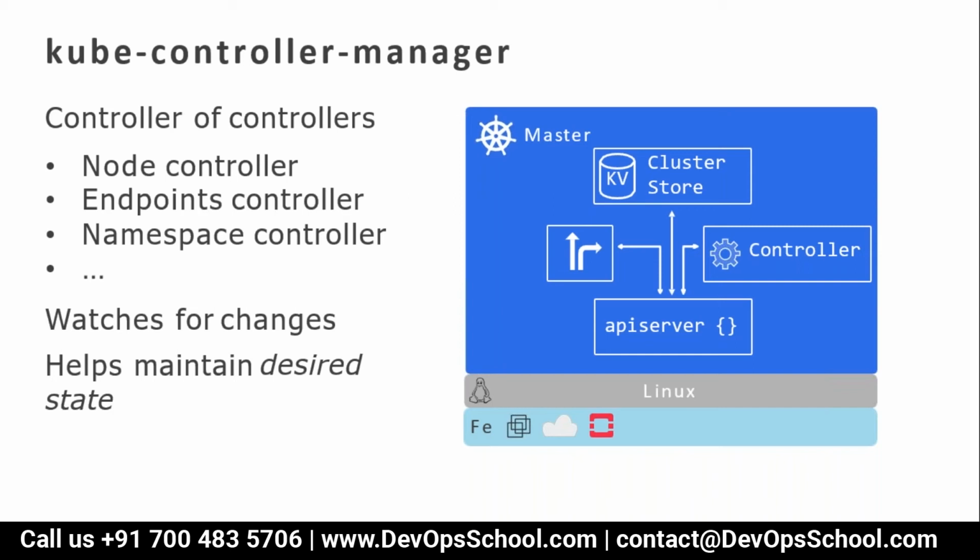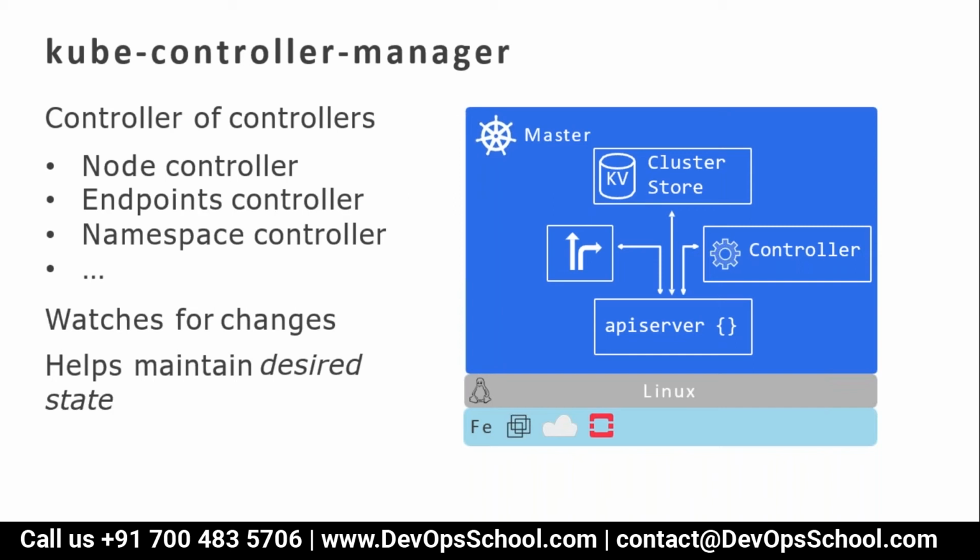Controller means something which is controlling something. Another keyword you see is manager. So in a different way, controller means to control something, and manager means this component manages multiple controllers.